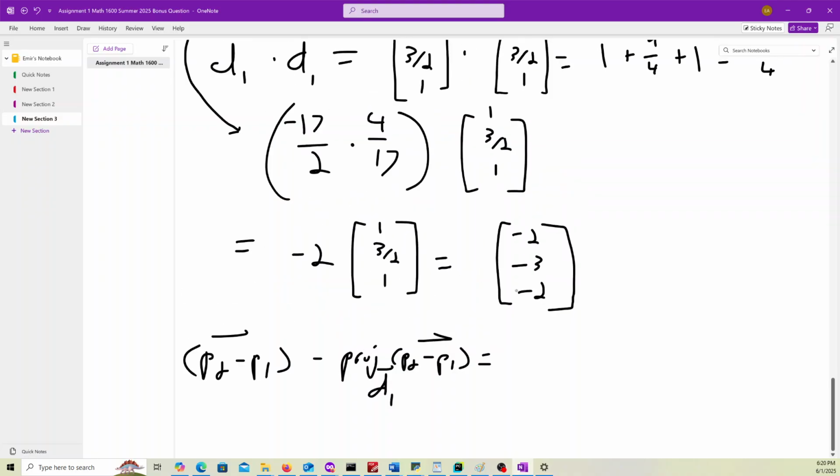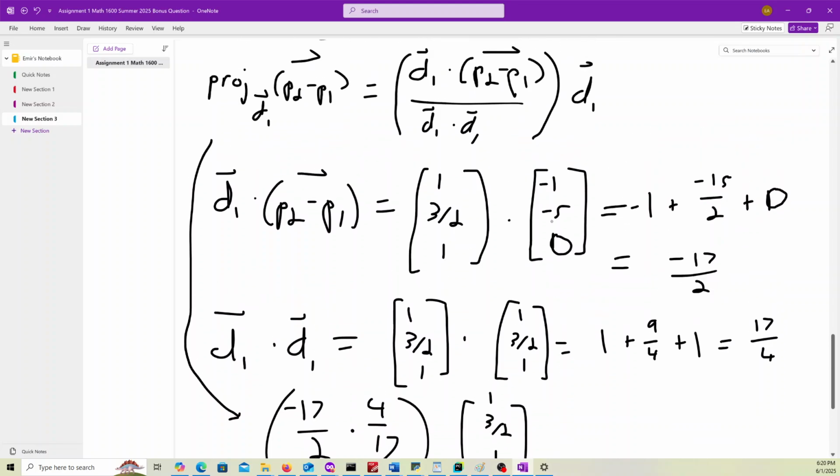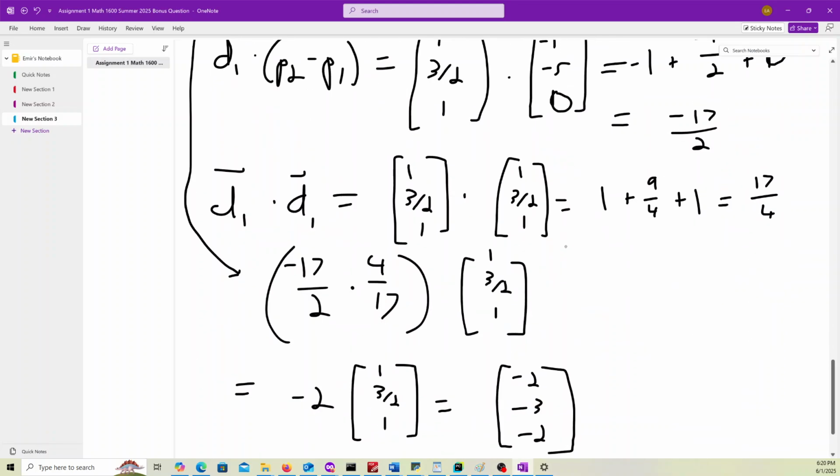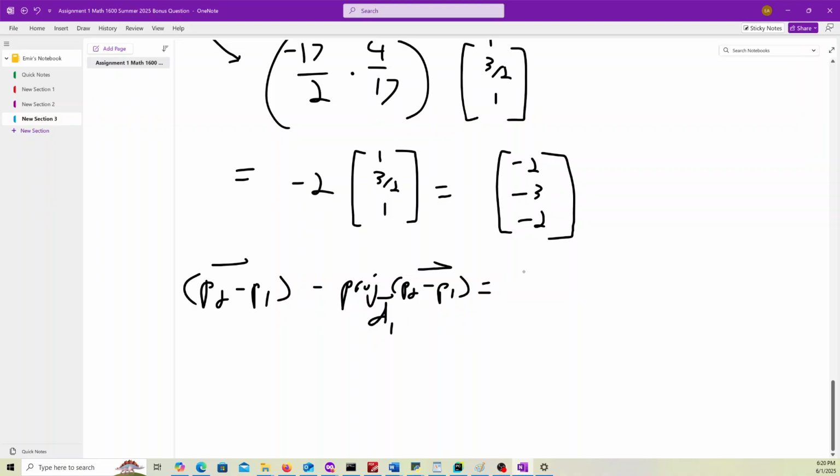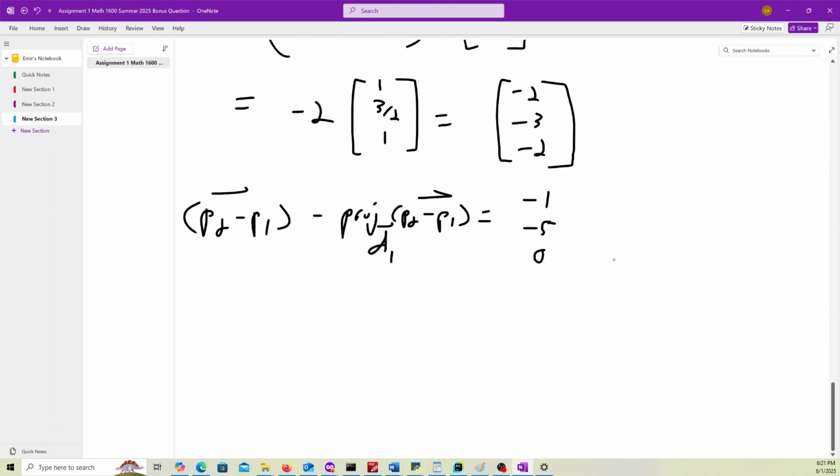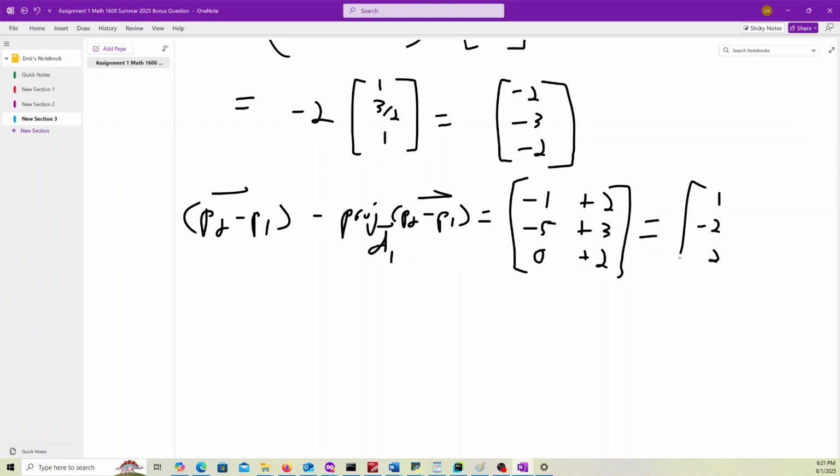This is equal to, let's not copy this incorrectly, negative 1, negative 5, 0. The projection vector is negative 2, negative 3, negative 2, so this will come out to plus 2, plus 3, plus 2. This is equal to 1, negative 2, 2.